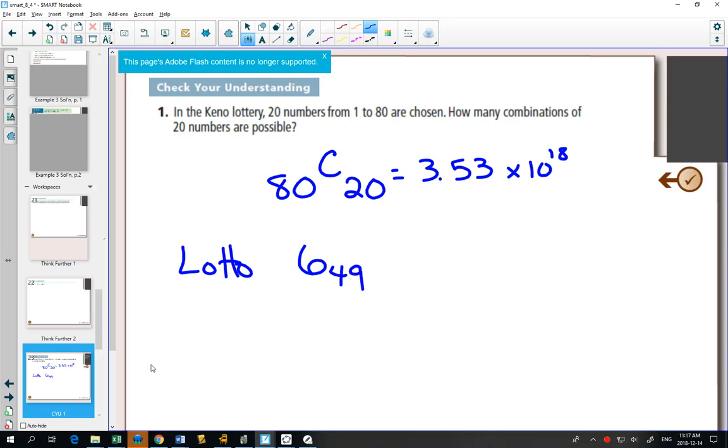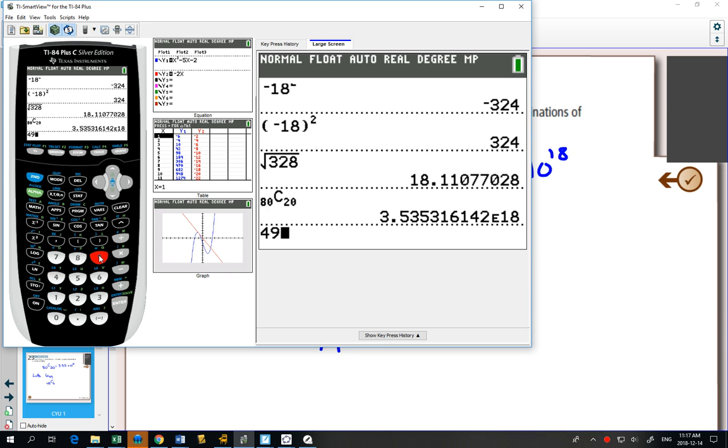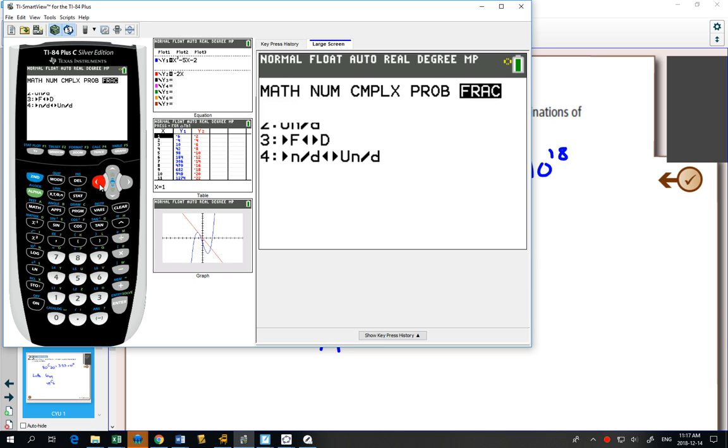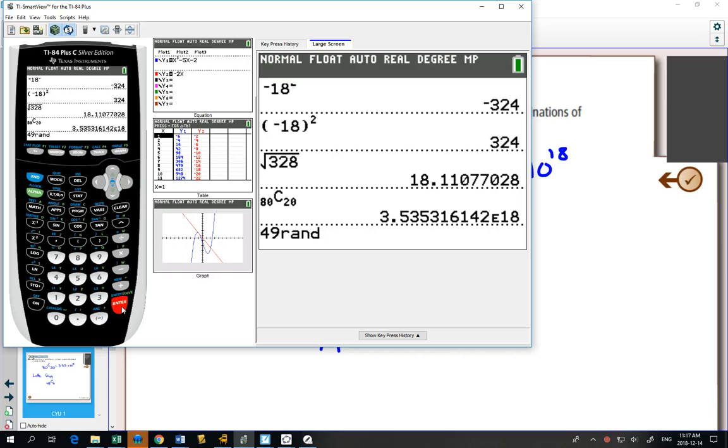If you wanted to, you could guarantee yourself that you could win. You would just have to buy every single possibility. How many possibilities are there? Well, if we do 49 choose 6, order doesn't matter. Go to our calculator, find this out. 49, not random. 49.